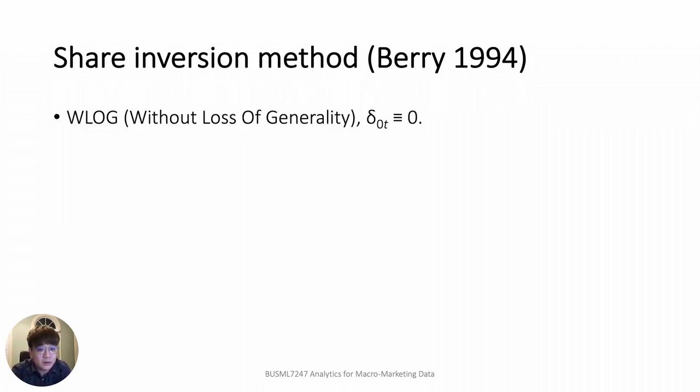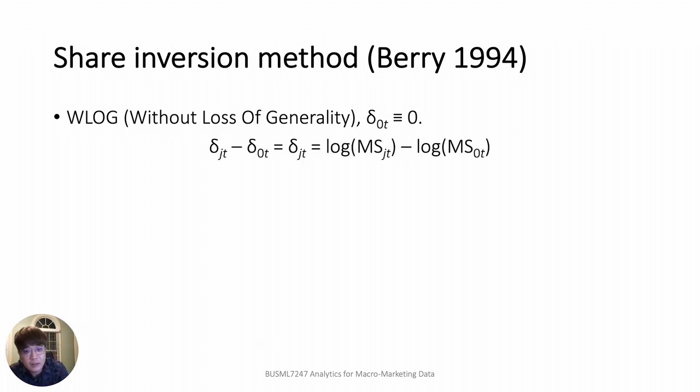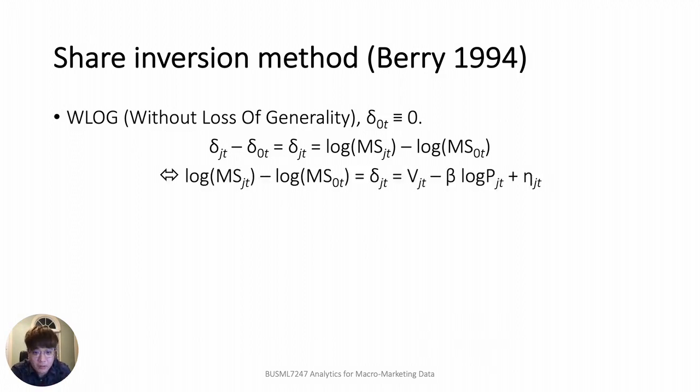Without loss of generality, delta of the outside option is usually defined as 0 for simplicity. Then the deviation of delta becomes delta itself, and it is given by a function of market shares, the difference in the log market share. Plugging the definition of delta into the function, we now have a linear equation that can be applied to the market level data.